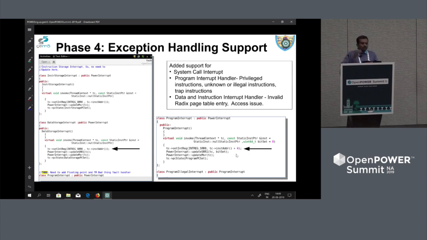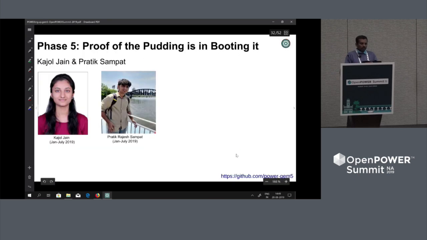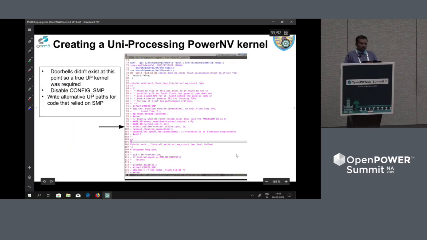Once the exception handling support was added in, we were able to trap instructions, and we were now ready to service page faults. With all of these put in, we were now more or less ready to execute the Linux kernel.